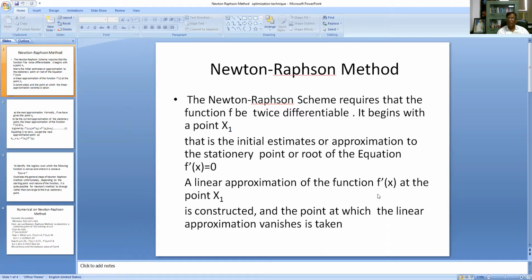So I hope, first of all, since you are a student of engineering, you should keep in your mind that only those functions are applicable here where twice differentiability is possible. And the initial estimates or approximation to the stationary point or root of the equation, first order derivative, means f dash x is equal to 0.